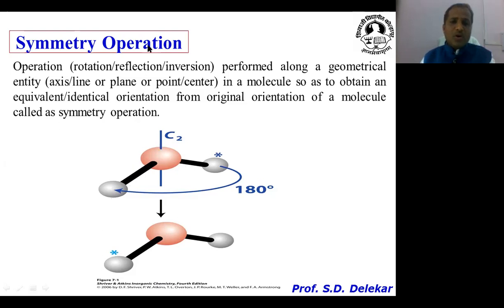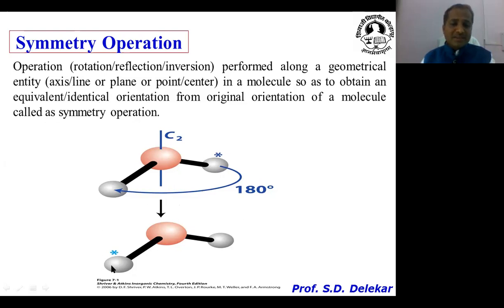So if you operate either rotation or reflection or inversion along a geometrical entity in a molecule, and you get either an equivalent or identical orientation, then consider this new orientation again. If I consider the imaginary axis passing through the oxygen and again perform the rotation, then I get the original orientation.